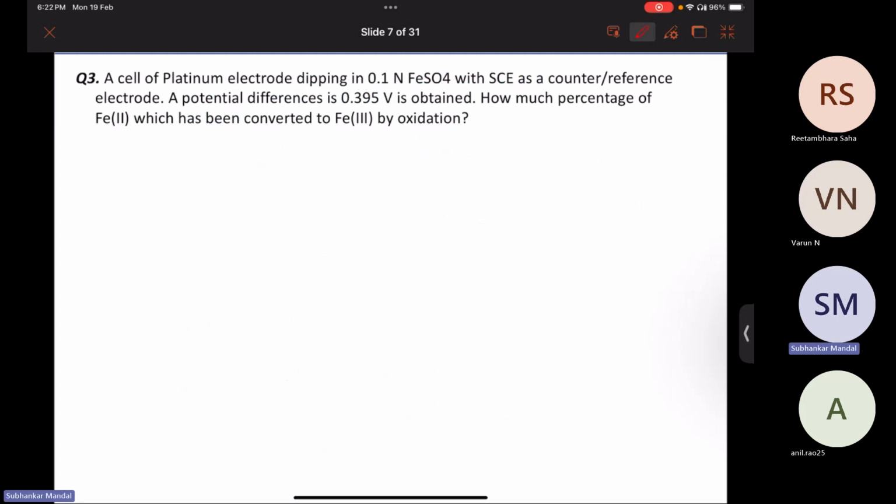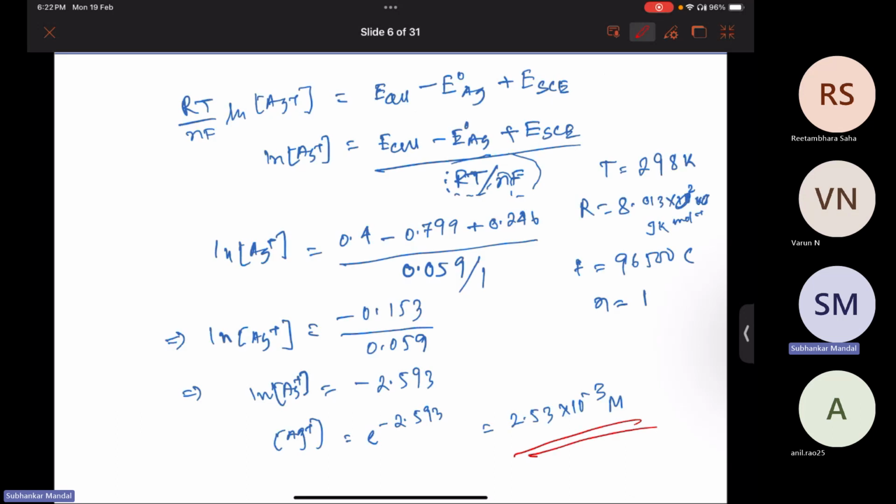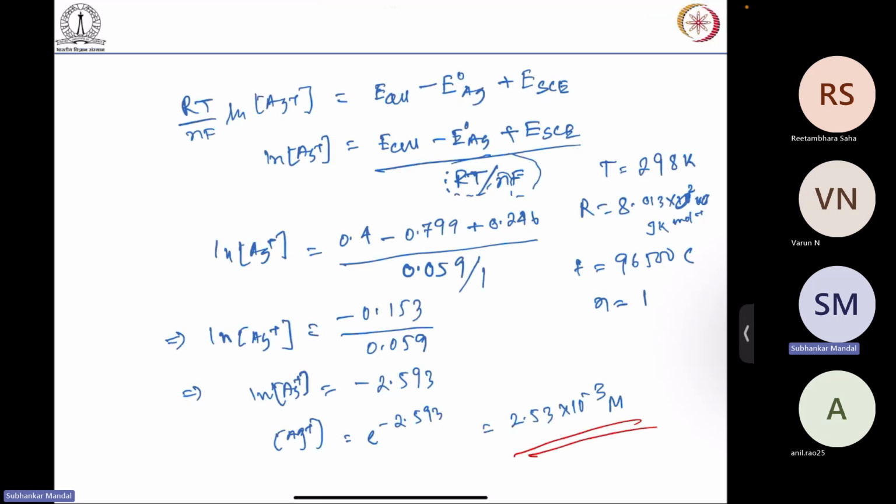The next problem is a cell of platinum electrode dipping in 0.1 normal ferrous sulfate. So this problem is clear, no? If anyone did not get any point, they can tell, and I can explain again.